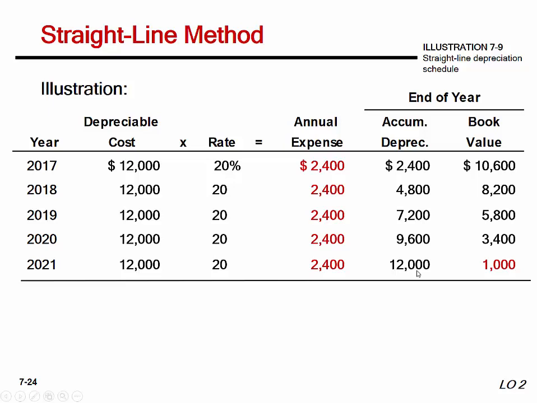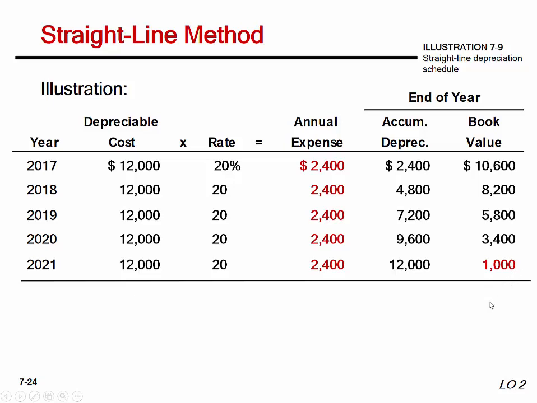Each year received the same because we bought it on January 1 of the first year. And look what happened with our book value. Our book value is sitting at the salvage value that we calculated. So historical cost of 13,000 minus the accumulated depreciation, which at the end of year 5 is also equal to our depreciable cost, has left us sitting at 1,000.